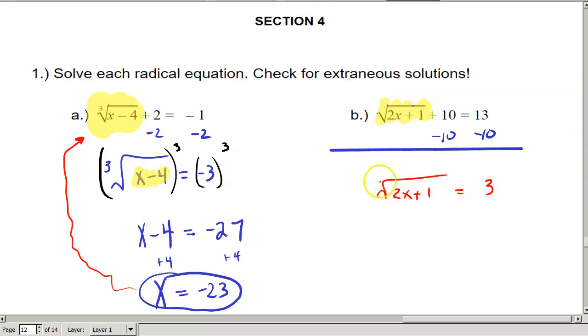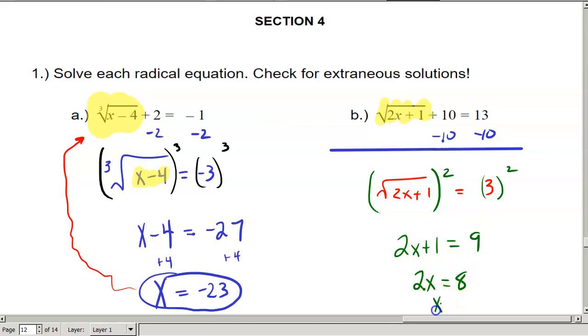Once I isolate that, I have to do the inverse. The inverse of taking a square root is squaring, so I'm going to square both sides. This gives me 2x plus 1 equals 9. So I can subtract 1 from both sides: 2x equals 8, and x equals 4.